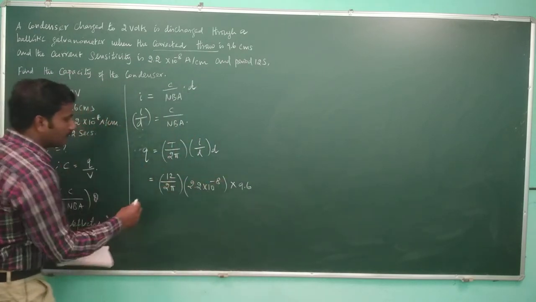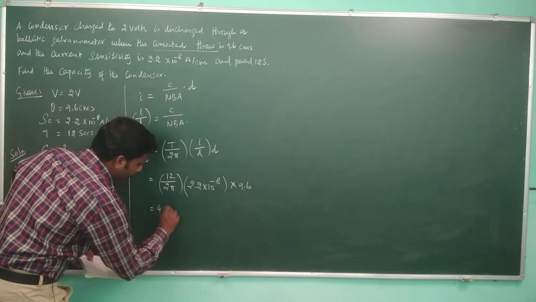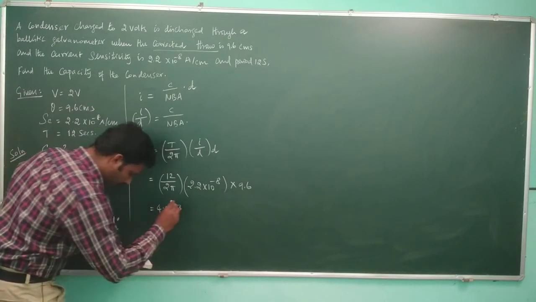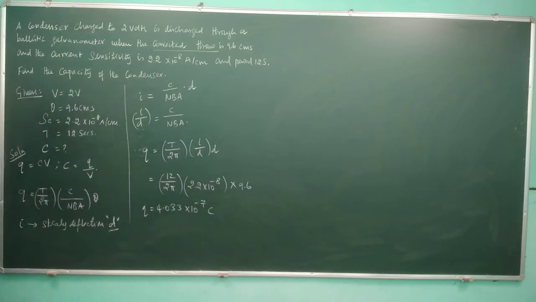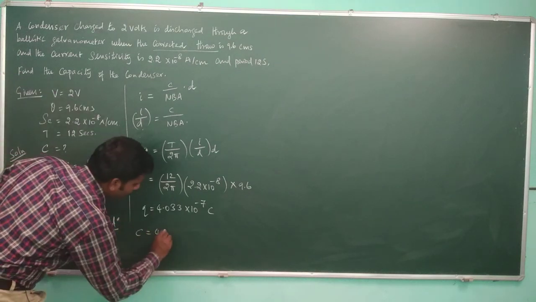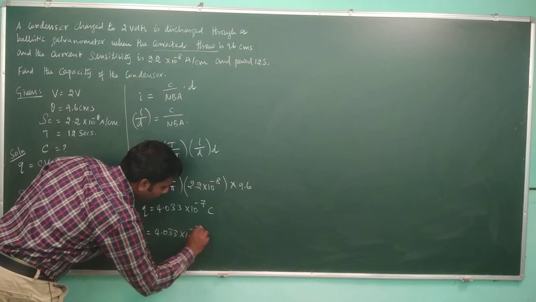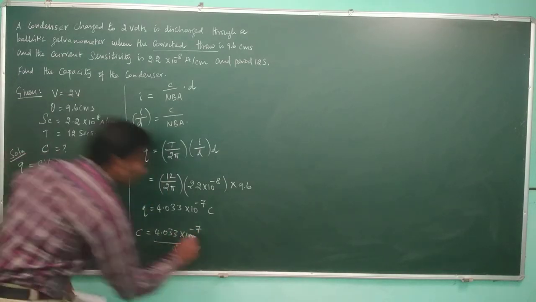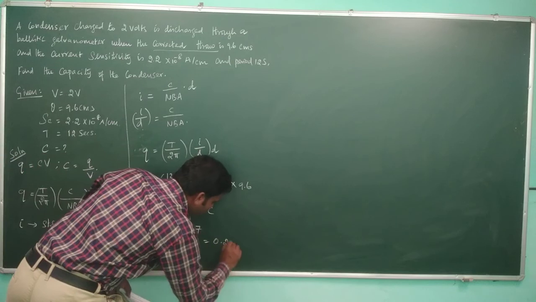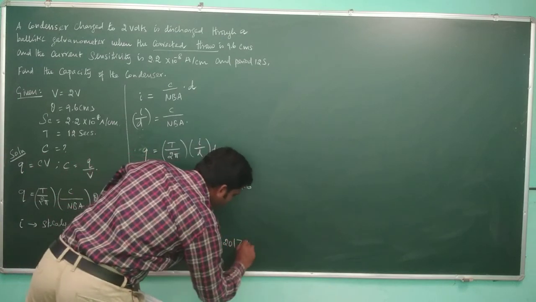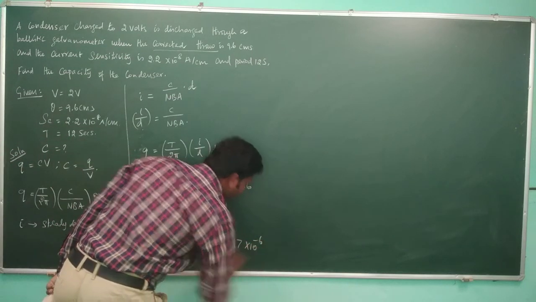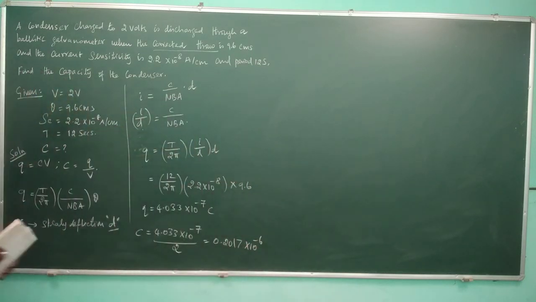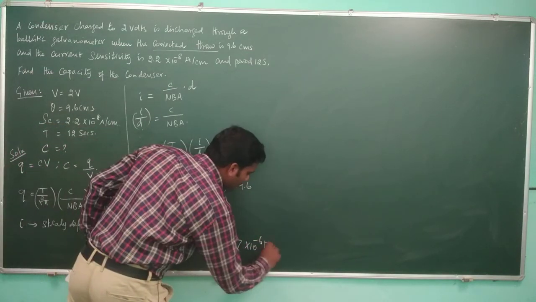If you make these calculations, you will end up with 4.033 into 10 power minus 7 coulomb. This is Q. But what we need to calculate is C. So C is equal to 4.033 into 10 power minus 7 divided by 2. So that will give you 0.2017 into 10 to the power minus 6. This is the capacitance, so you can put the unit for it.